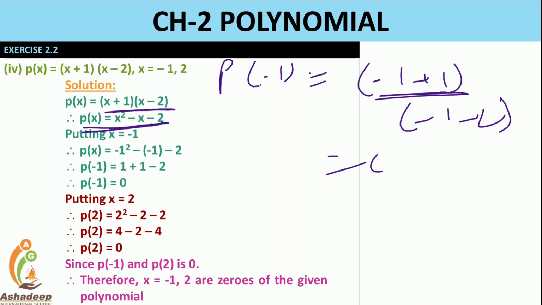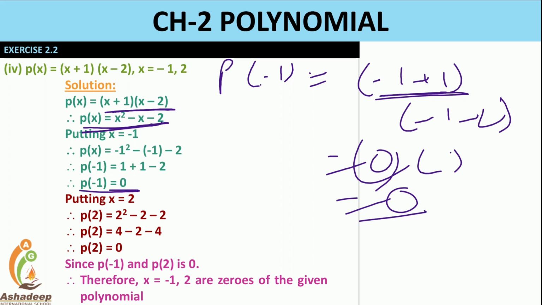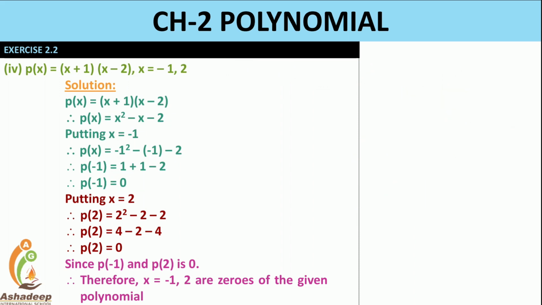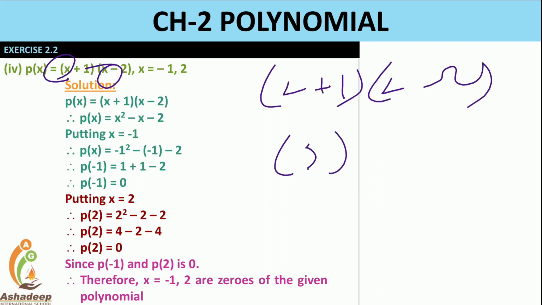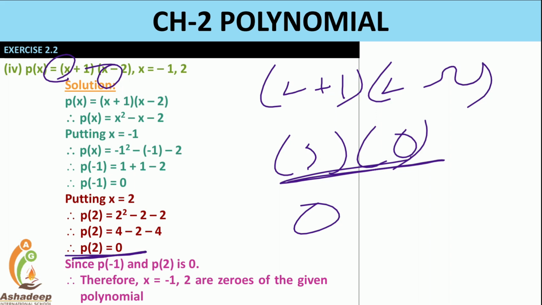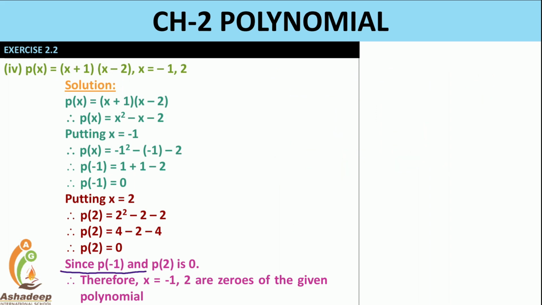Minus 1 plus 1 is what? 0. 0 you can multiply with anything, it is going to be 0 only. So p of minus 1 is 0. Now p of 2. Wherever you find the x, you need to put the 2. So 2 plus 1 is 3, and 2 minus 2 is going to be 0. You can multiply anything with 0, you will get 0. So here it is 0. Since p of minus 1 and p of 2 are 0, therefore x is equals to minus 1 and 2 are the 0 of the given polynomial.